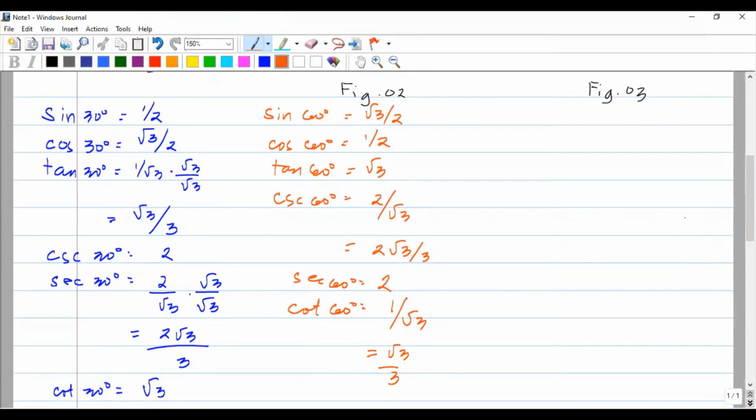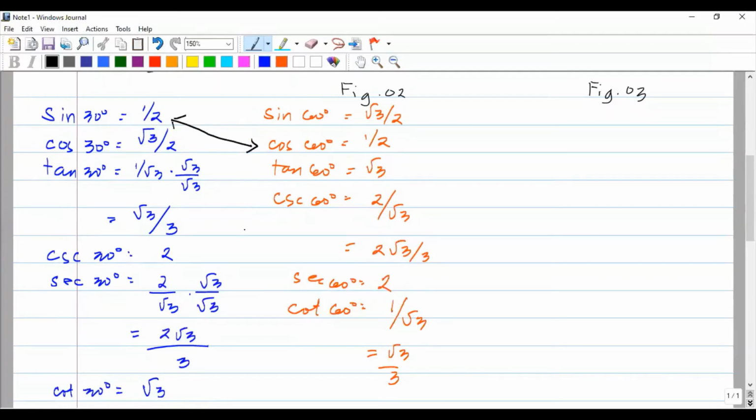So again, notice that 30 and 60 degrees are complementary angles. So if we compare the value of sine 30 and cosine 60 degrees, the values are equal. From sine 30 to cosine 60, they are equal.